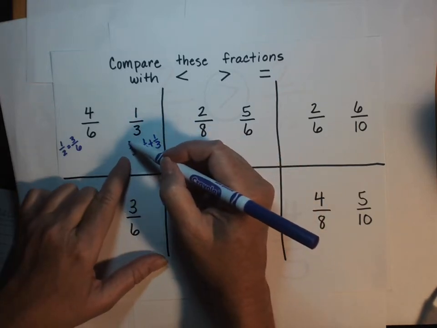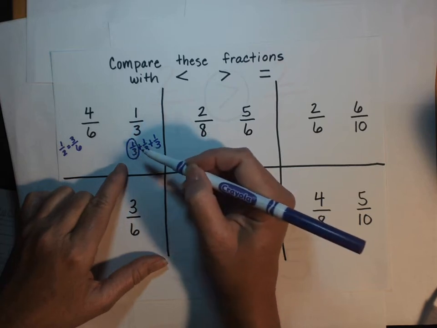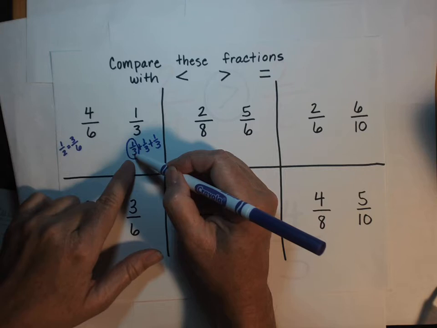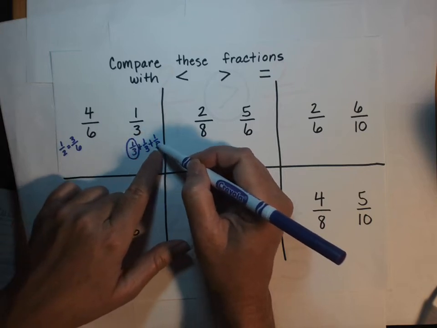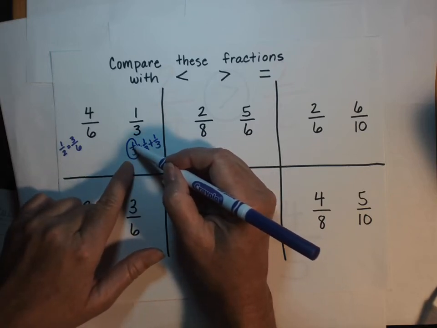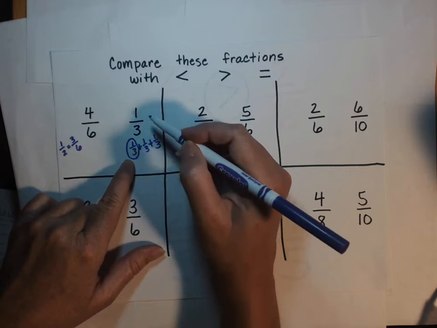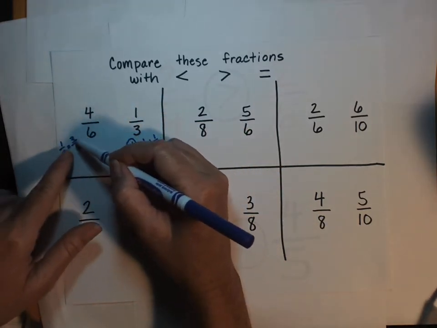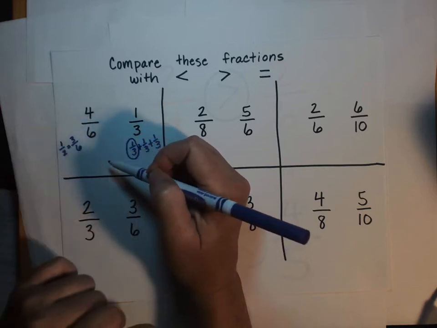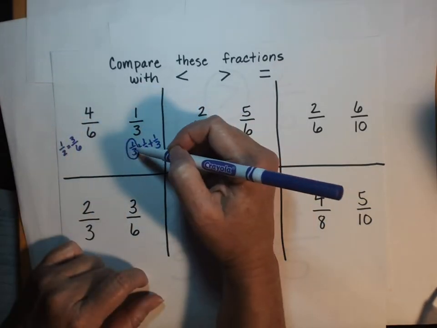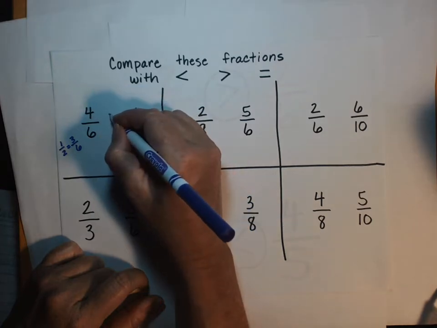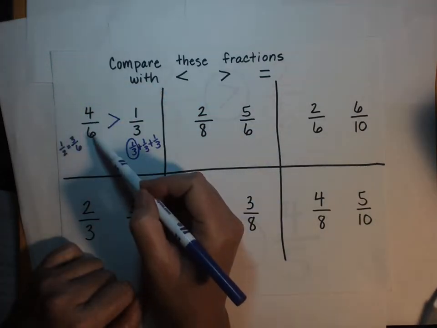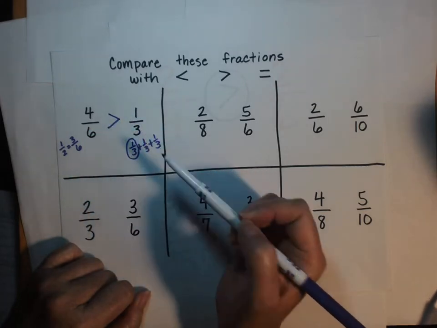So 1/3 is going to be a little less than 1/2, because I could either have 1/3 or 2/3. So that tells me that this is less than a half. And this, if 1/2 is equal to 3/6, is more than a half. So I would put my greater than symbol. 4/6 is greater than 1/3.